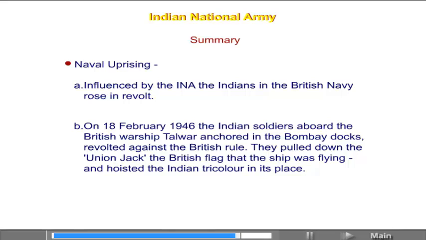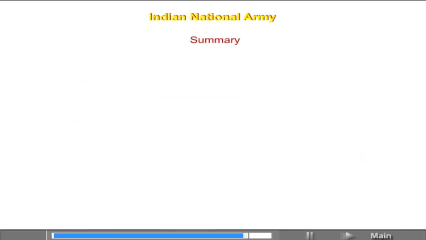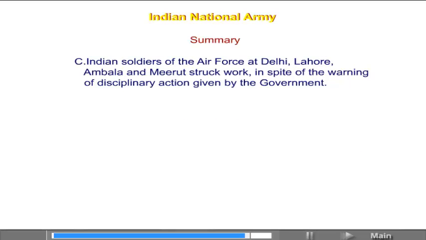They pulled down the Union Jack, the British flag that the ship was flying, and hoisted the Indian tricolour in its place. Indian soldiers of the Air Force at Delhi, Lahore, Ambala and Meerut struck work in spite of the warning of disciplinary action given by the government.